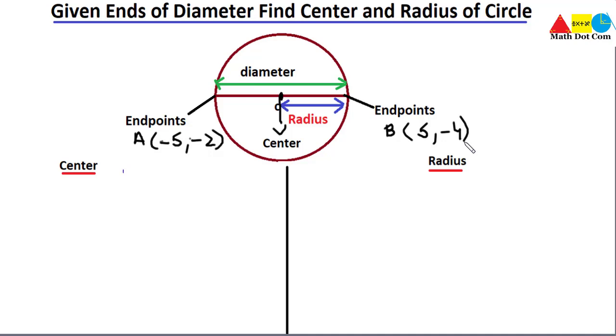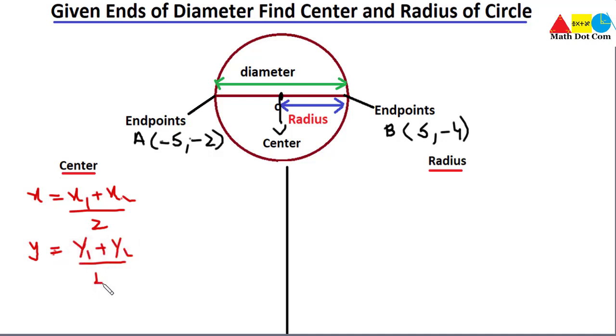Now you have to find the center. As we know, whenever you want to find the center, you have to use the midpoint formula. So I'll write here x equals x1 plus x2 divided by 2 and y equals, as we have to find the coordinates of the midpoint, so we should have both x and y, y1 plus y2 divided by 2.